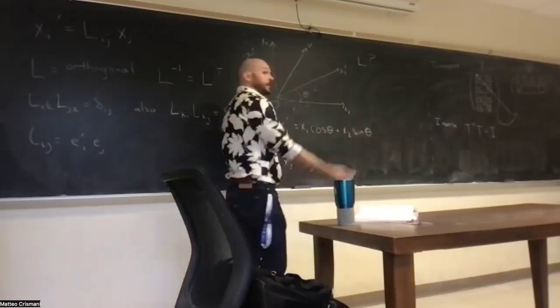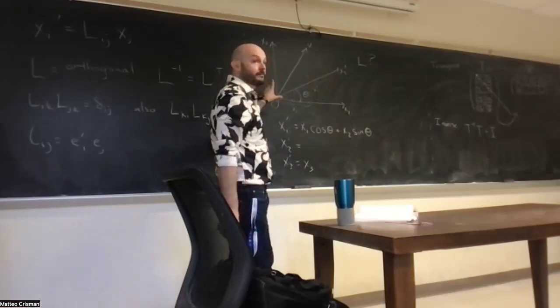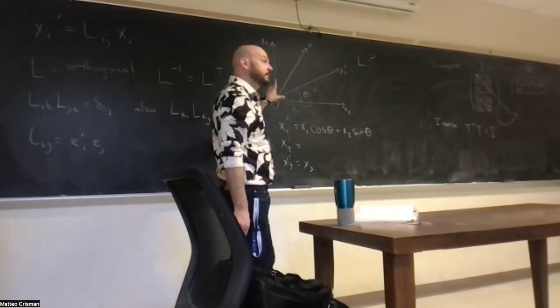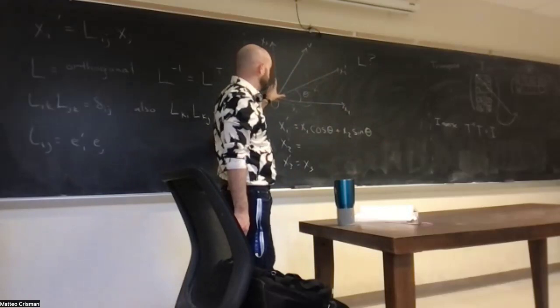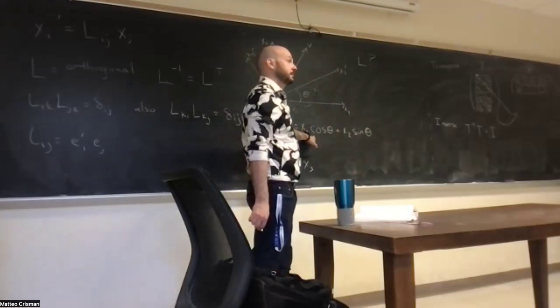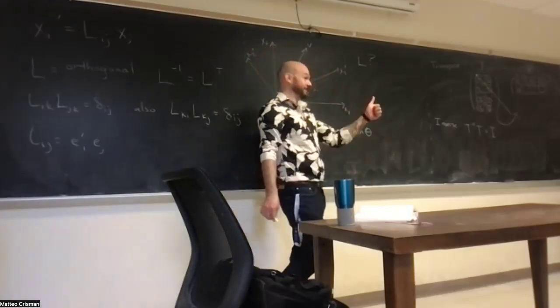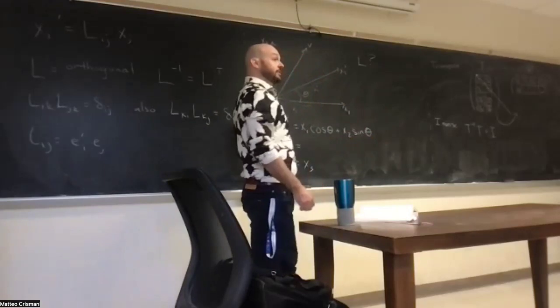Right, the component that's coming up. And let's see if that makes sense. Okay, so let's not rotate it at all. So theta equals 0, that's 1, and then that's 0. Good, that works.